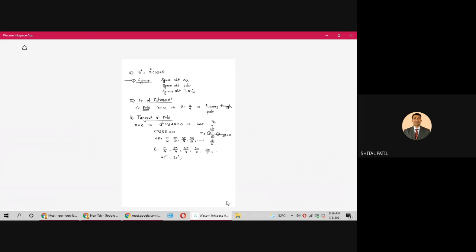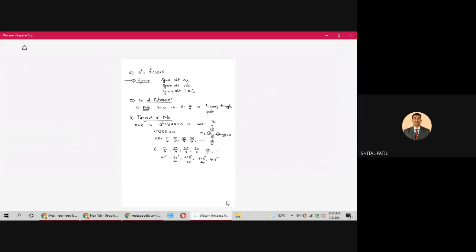Then 5 pi by 4 is 225 degree. Then again add 90, so 315, correct? What about the next? Again add 90, so it is 405.